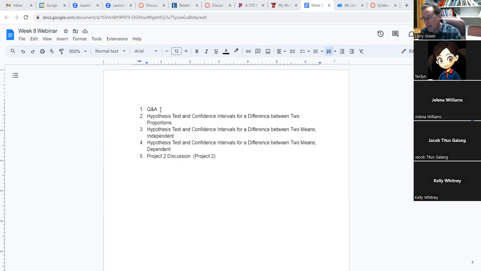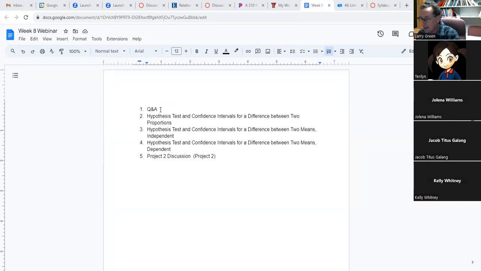That was deciding whether this population mean is greater than this number, or the population proportion is greater than this percent. Now what we're doing is something much more commonly used, and that is a hypothesis test for the difference between means and proportions.